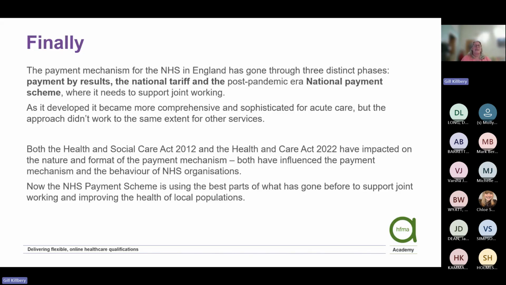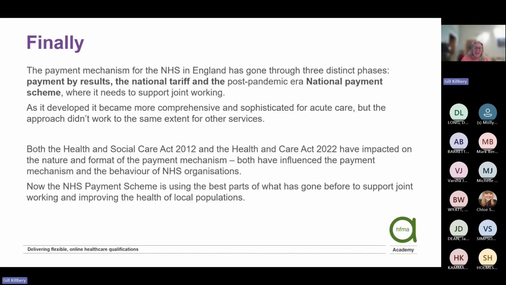We got more sophisticated, more complicated, and now we've tried to bring it back to deliver that focus on care and quality and accessibility. We've had the Health and Social Care Act 2012 and the Health and Care Act 2022, which have both had impacts on what we do and payment mechanisms.